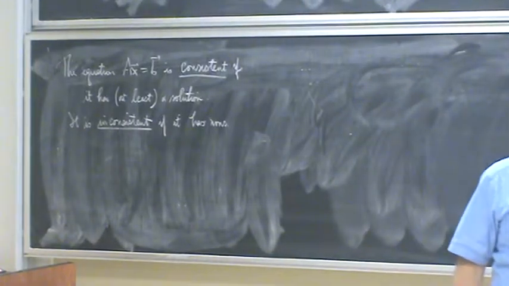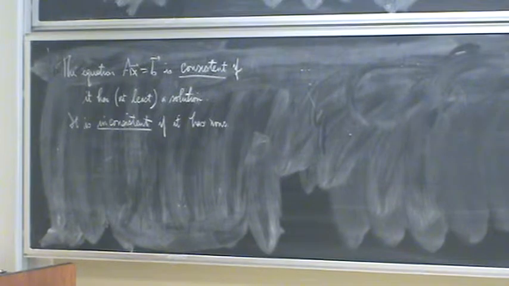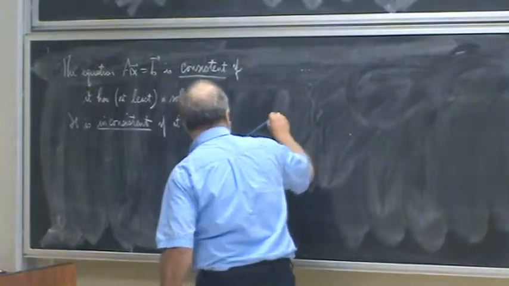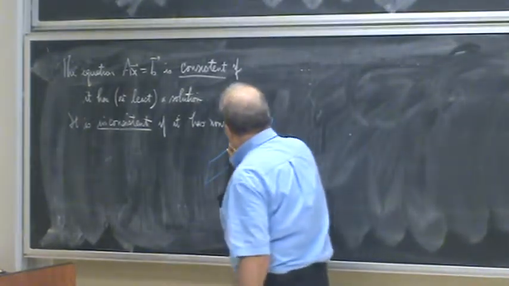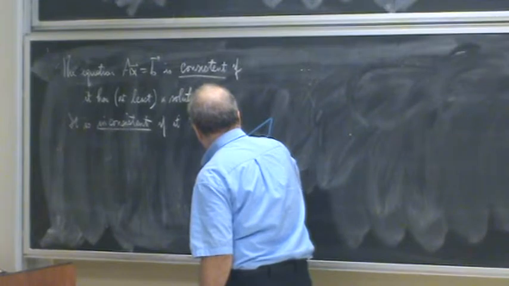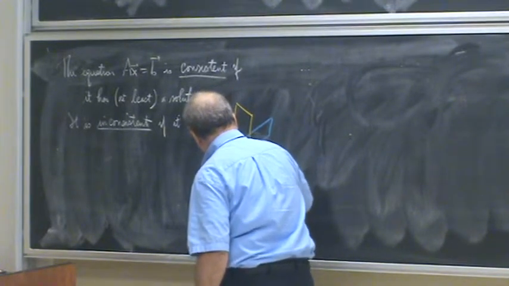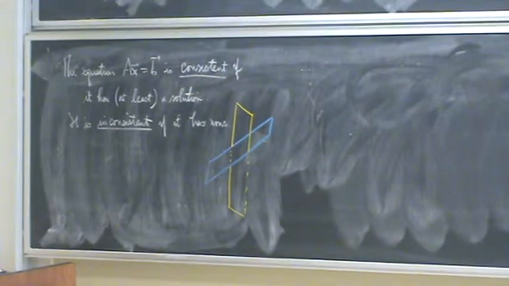So for example, you could have one equation whose solution set looked like this, another equation whose solution set looked like this, and you'd be all happy and say, okay, I see what my solutions are, right?